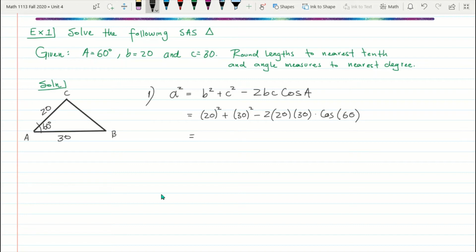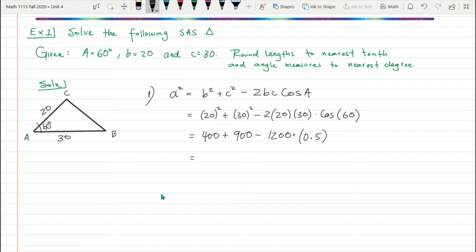Next, all we have to do is simplify a little. So this is going to be 400, this is 900, then 40 times 30 is 1200, and then cosine of 60 is 1/2, right? So then if we put all this together, we get 400 plus 900 is going to be 1300.